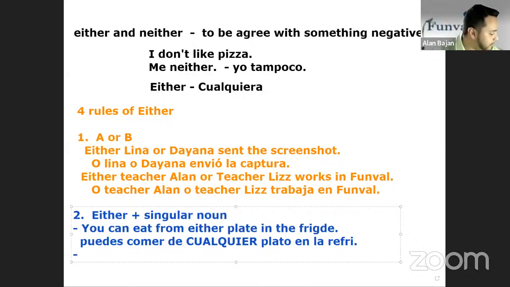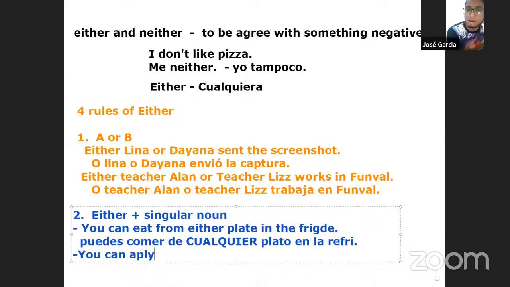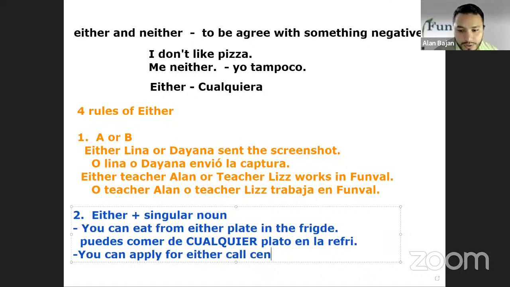Other example. You can apply in or for either call center in Guatemala. Call center, it's singular. Always singular.